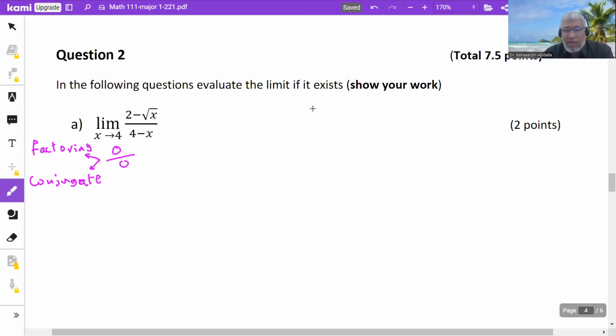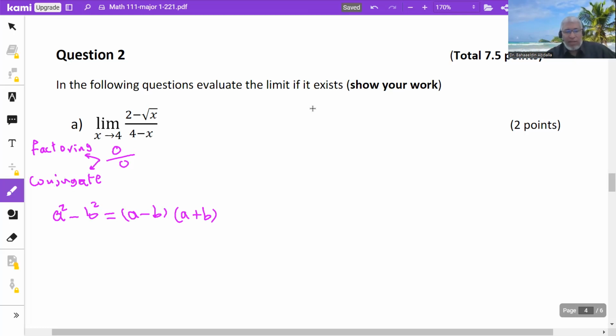So here, can I factor? Which one of these can be factored? In fact, we know that a squared minus b squared can be written as a minus b times a plus b. This is called the difference of two squares formula.